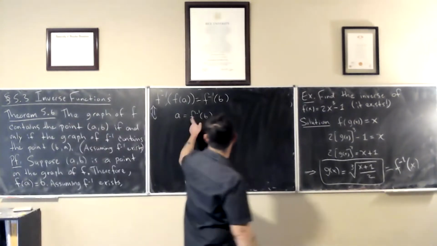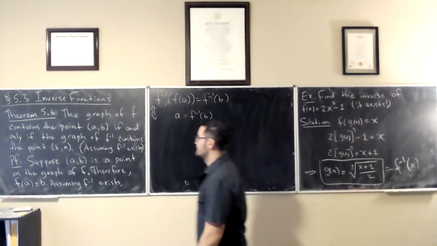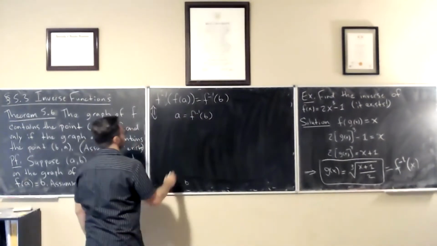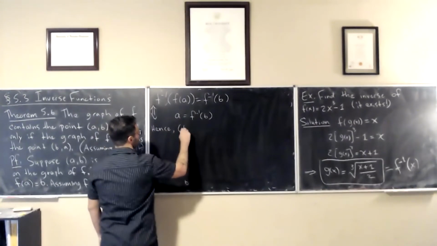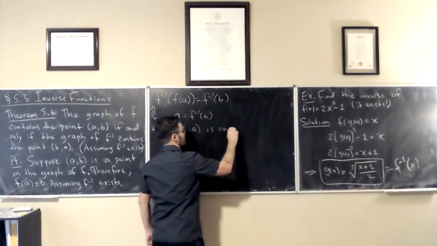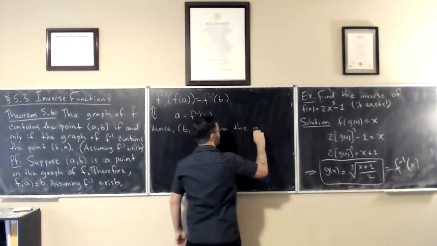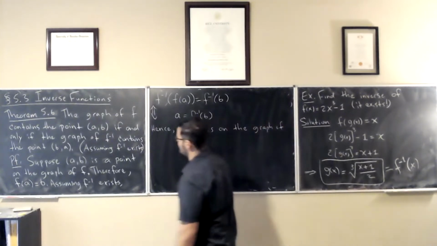So that means that f inverse of b is equal to a. Hence, the point (b, a) is on the graph of f inverse.